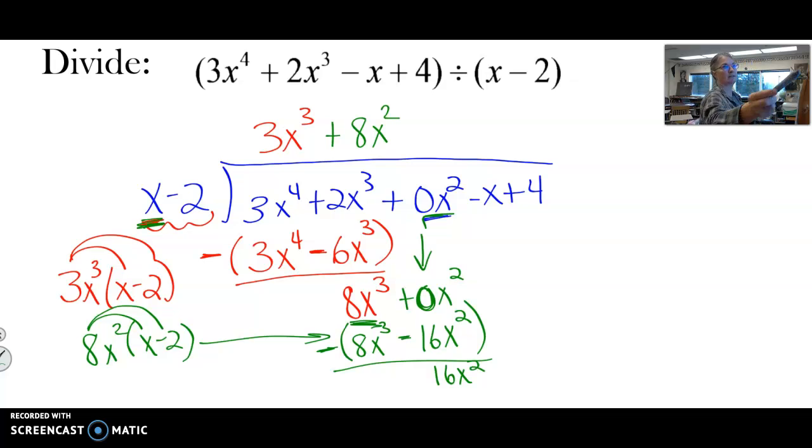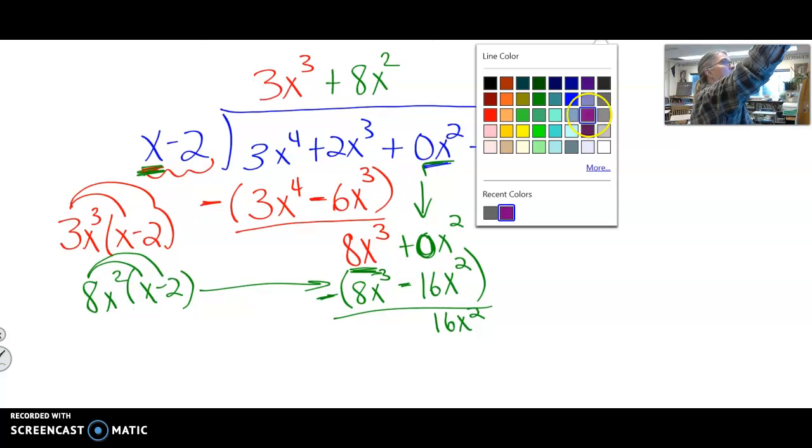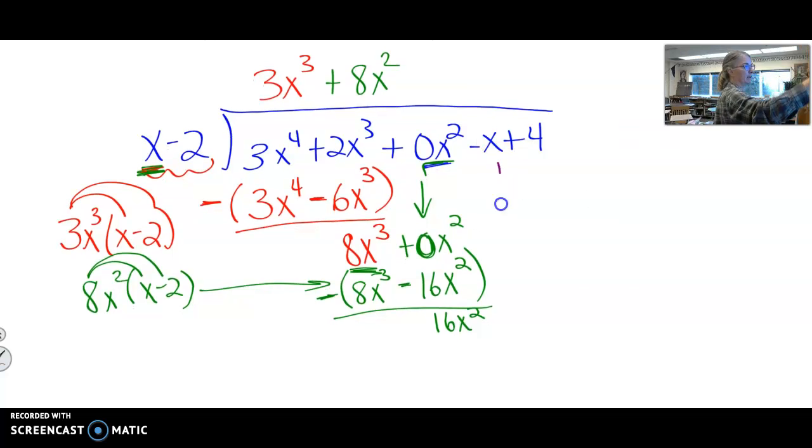And then we're going to drop the next term down, this minus x. Then I look at this x right here and think, what do I have to multiply x by to get the 16x squared? And the answer is positive 16x.